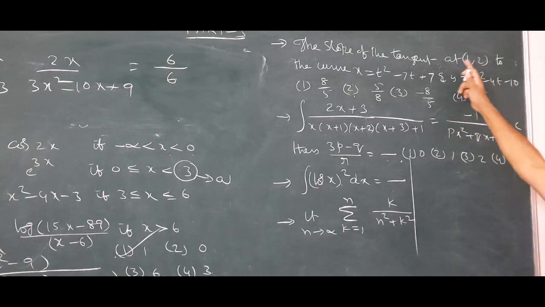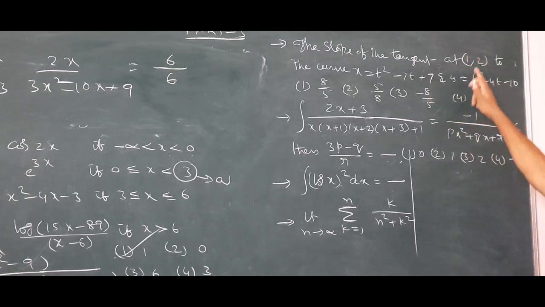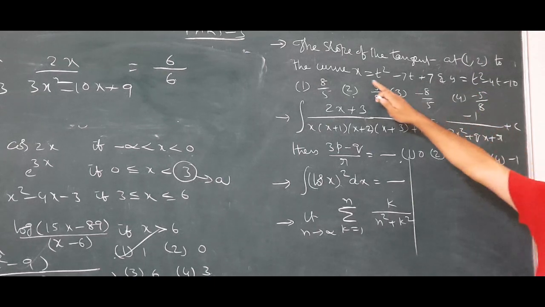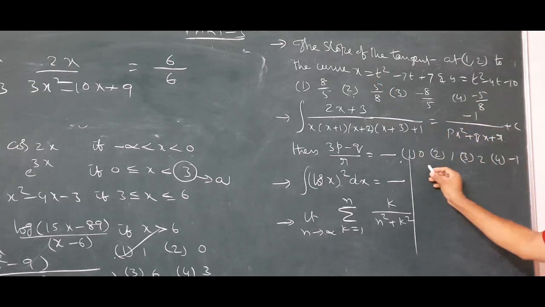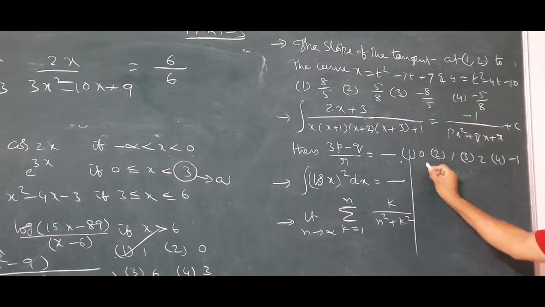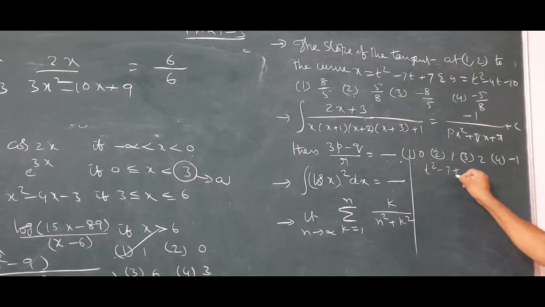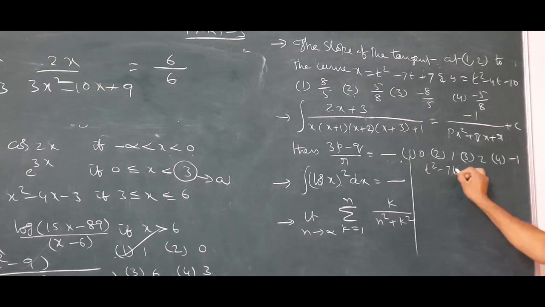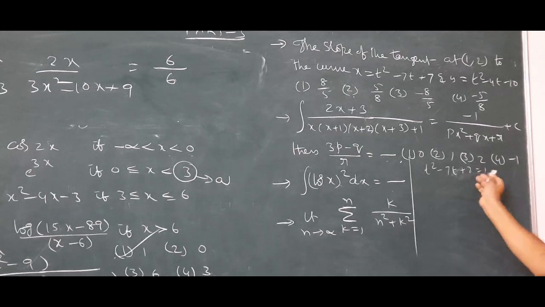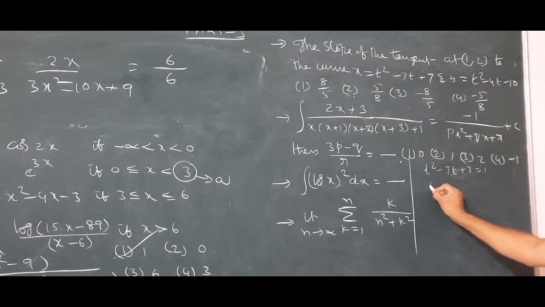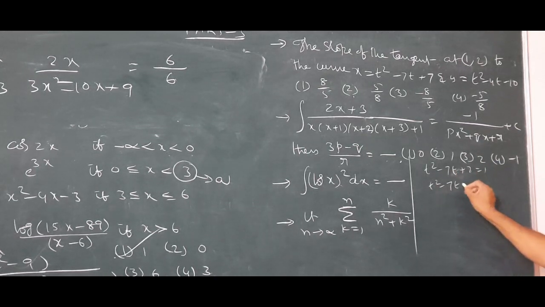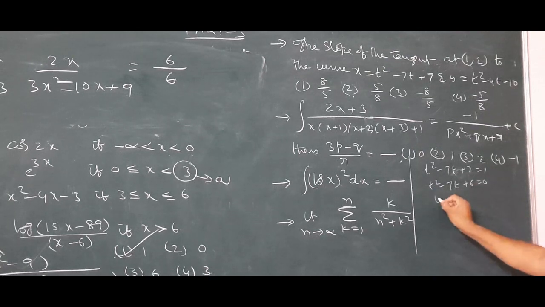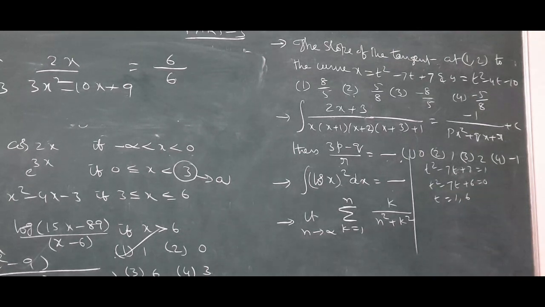Look here, x equal to 1, y equal to 2. If you substitute x equal to 1, we get t² minus 7t plus 7 equal to 1. Take 1 to this side: t² minus 7t plus 6 equal to 0. By solving this, t equal to 1, 6.